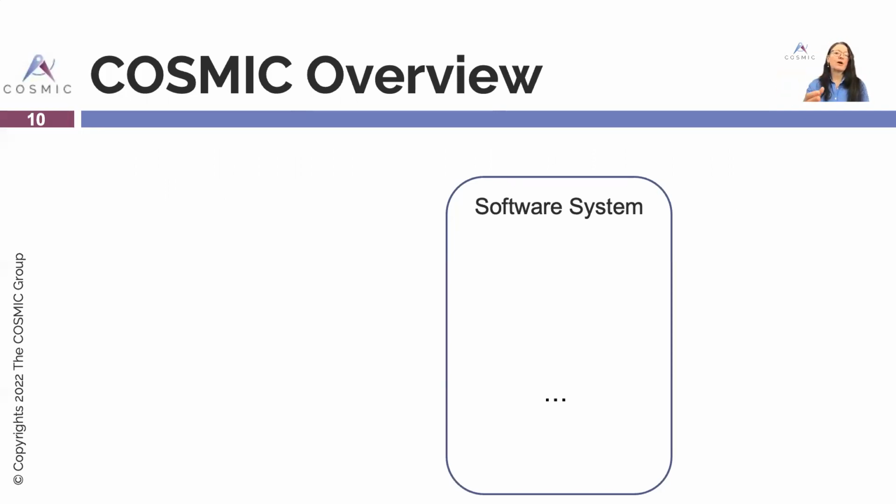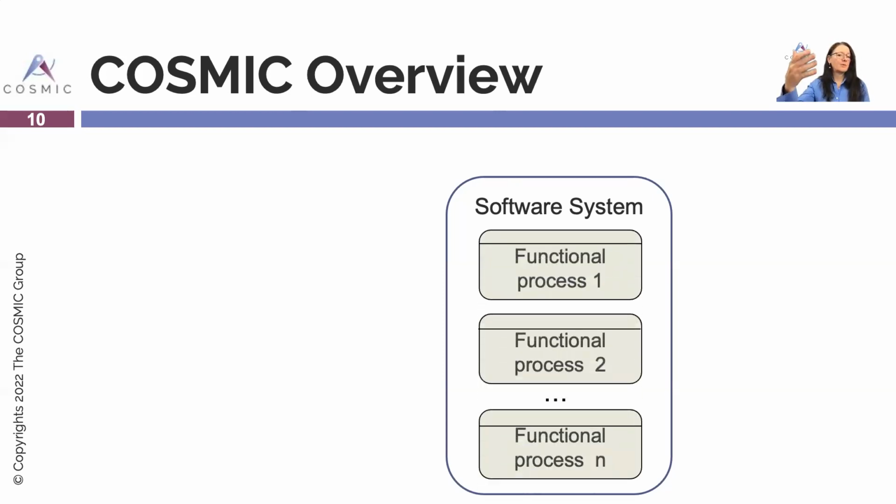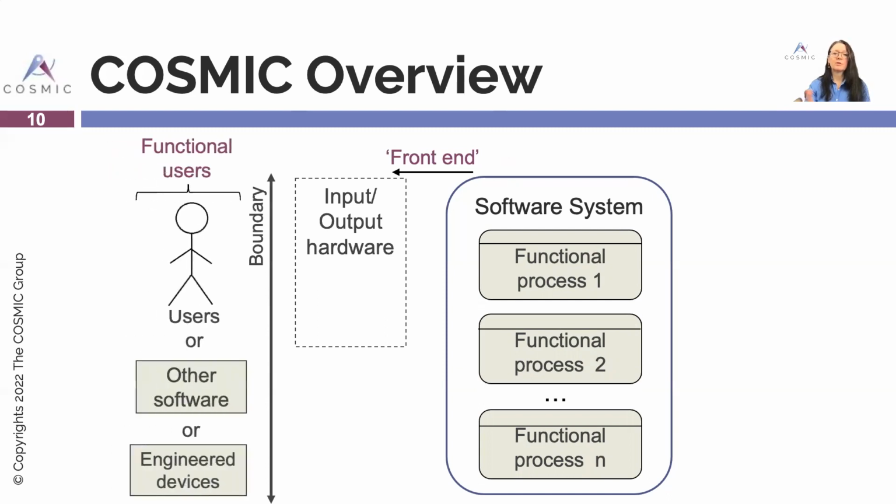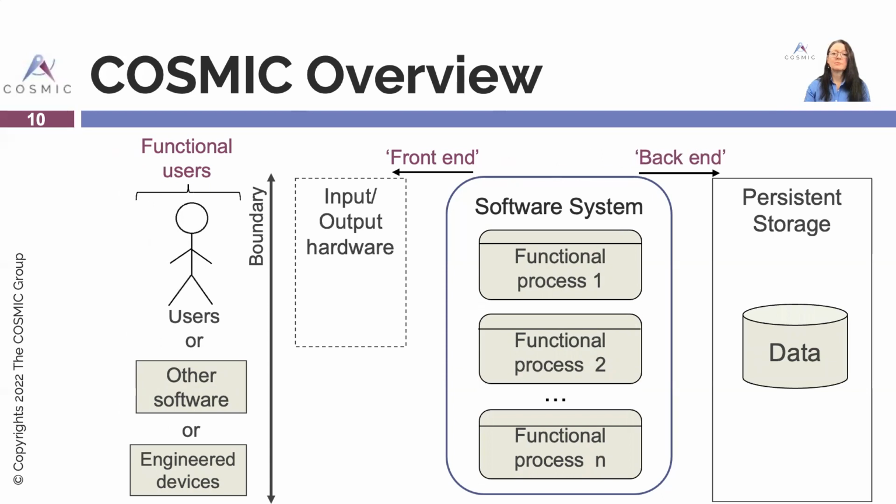So let's say you have a software system. That software system has a list of several functional processes. On the front-end side, there's a boundary between the functional users and the software system. Those users may be human users, other software, or engineered devices. On the back-end side, there's data in the persistent storage.